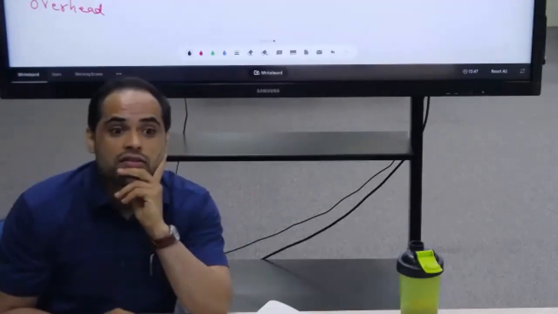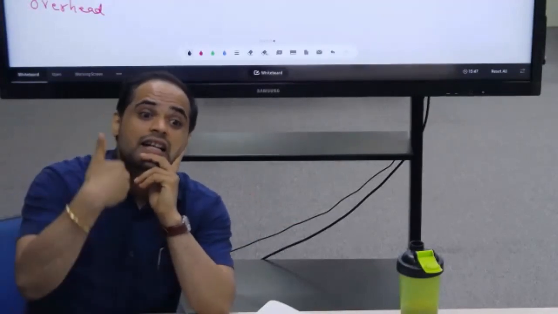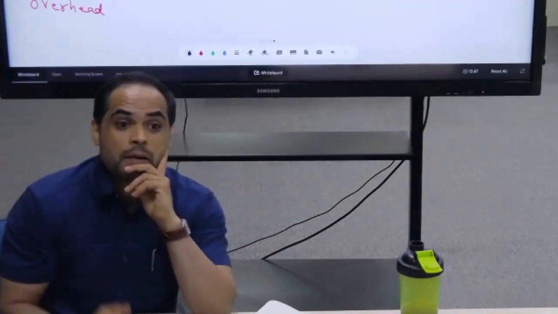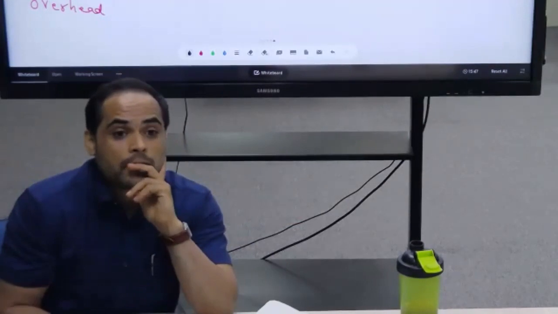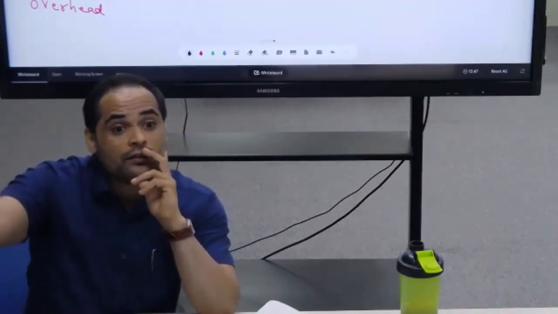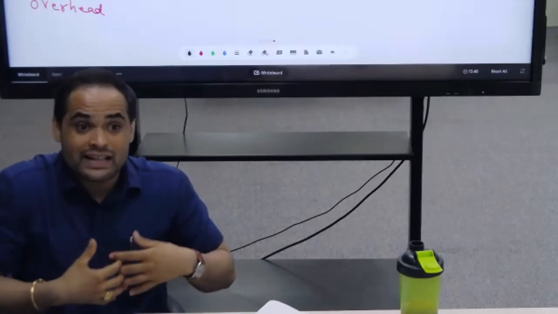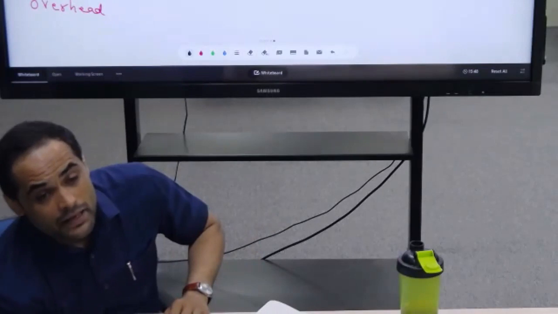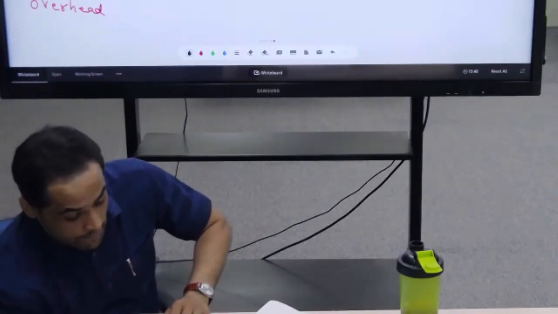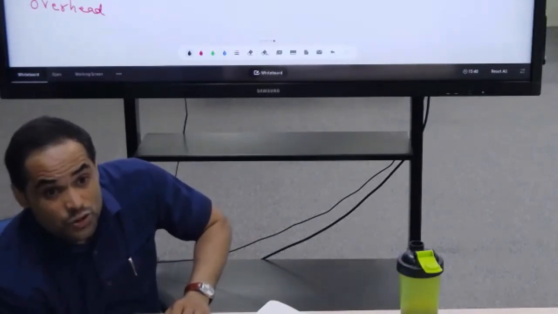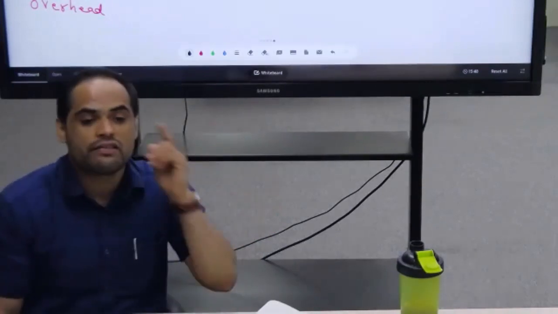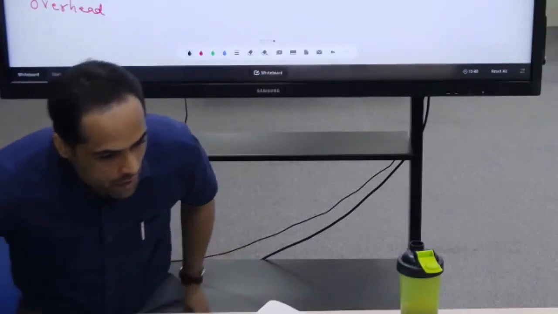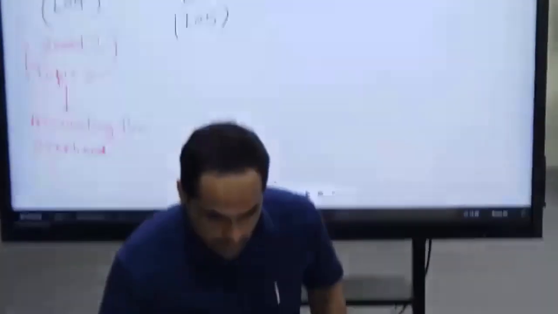Factory overhead cost comes from another department as well, which is not a production department, such as the human resource department. All right, other departments are also involved, and another department providing services means cost. So another department incurred a cost, and that cost is also part of the factory overheads. Keep this in your mind. So let me write it down so you will understand it in a better way.